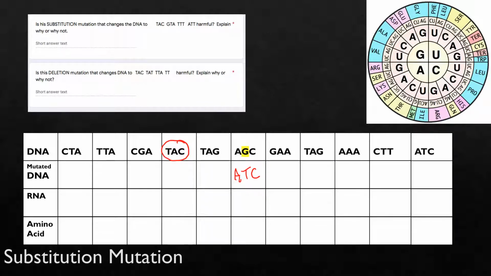A goes to U, T goes to A, and C goes to G. Now that is UAG, and UAG is a stop codon. So that would stop or terminate the protein right there.